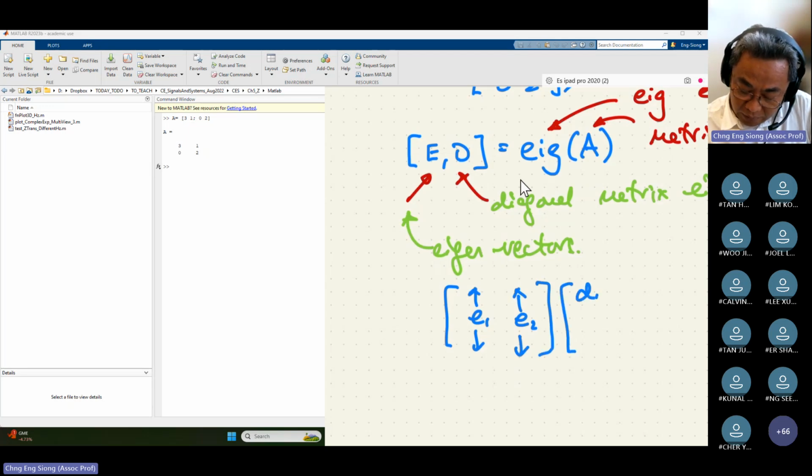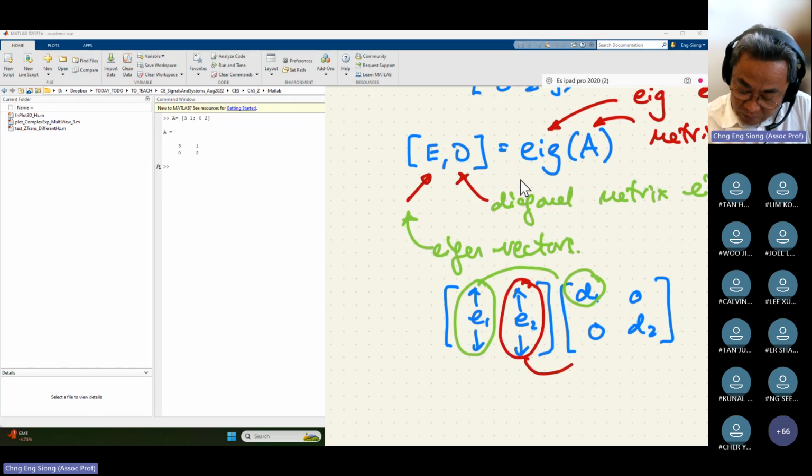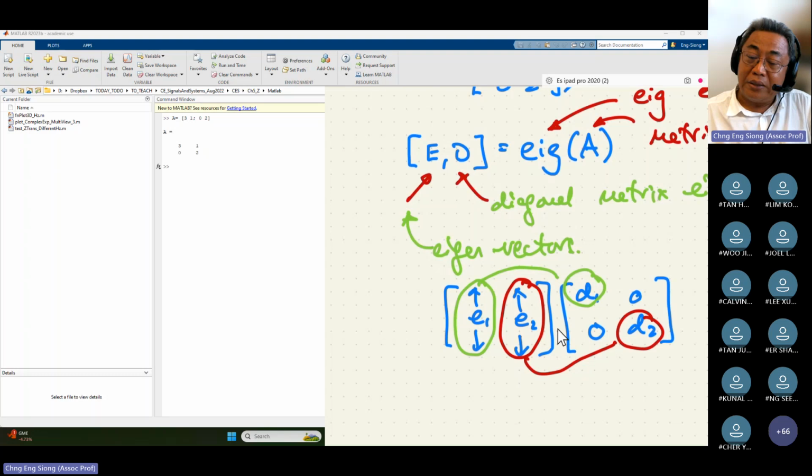And this is D1, D2, for a 2 by 2 A. Remember that when we play with eigenvalues and eigenvectors, if we multiply A by E1, what do we get?